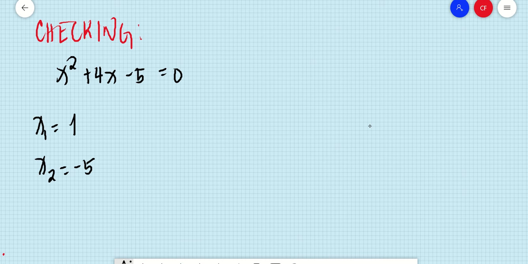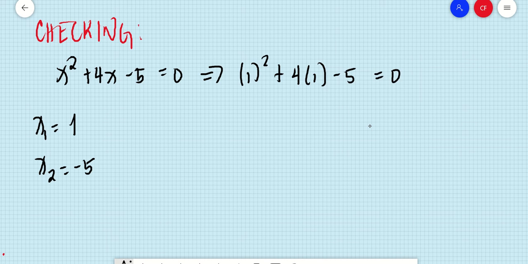Okay? So, first, gamitin po natin yung x sub 1 equals 1. So, lahat ng x, papalitan natin ng 1. Okay? Substitution. So, again, ito po yung original equation natin. So, we have 1 squared plus 4 times 1 minus 5 equals 0. So, simplify natin: 1 raised to 2, that is 1, plus 4 times 1, 4, minus 5, copy lang po yung negative 5, equals 0.